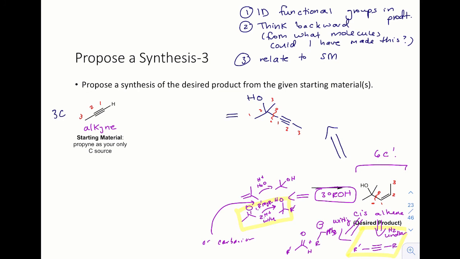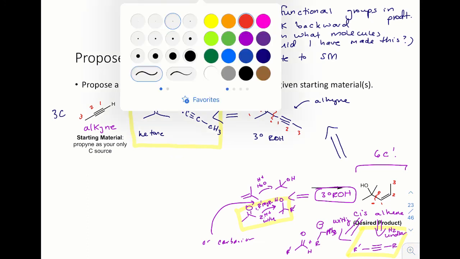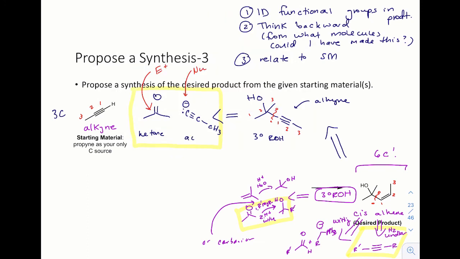From here, let's think backwards one more time and draw out the ketone and the carbanion that would be necessary to generate that key carbon-carbon bond. So now we need to generate both of these species from the given starting material, which is propyne. So we'll go ahead and do that now.